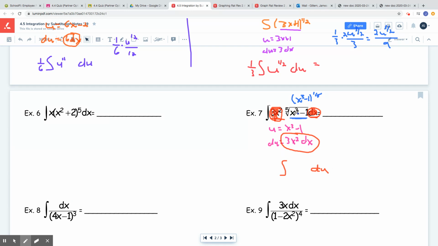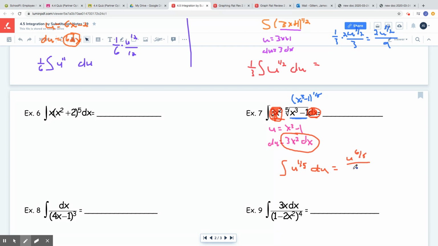What's left? Well, the fifth root of x cubed minus 1. Well, x cubed minus 1 is my u, so it's the fifth root of u, which I'm going to rewrite as u to the 1/5. All right. So we have u to the 1/5 du. And we're going to do the power rule. So that's u, add 1 to that is 6/5.